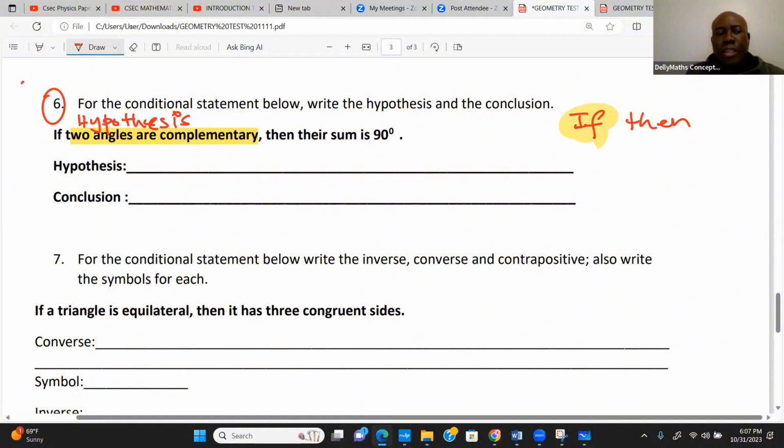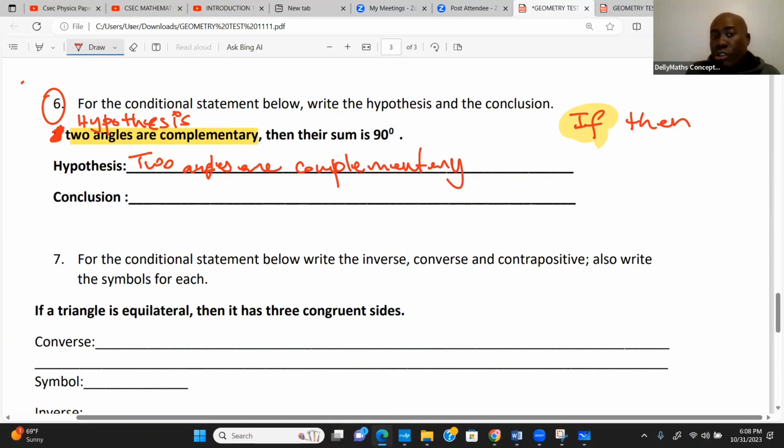Bear in mind that the if is not a part of the hypothesis. So the hypothesis reads, two angles are complementary.